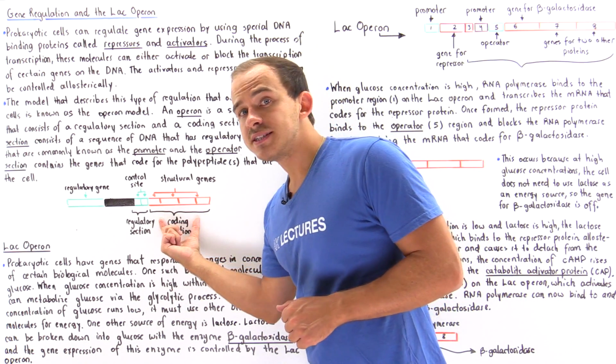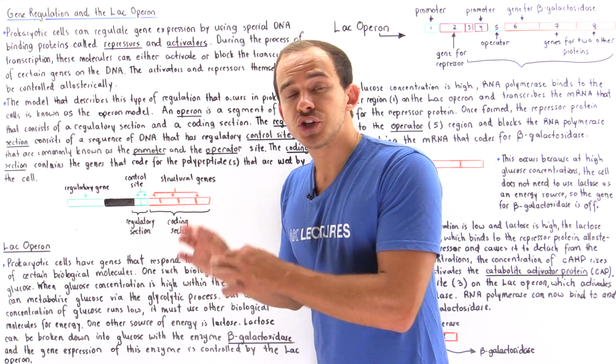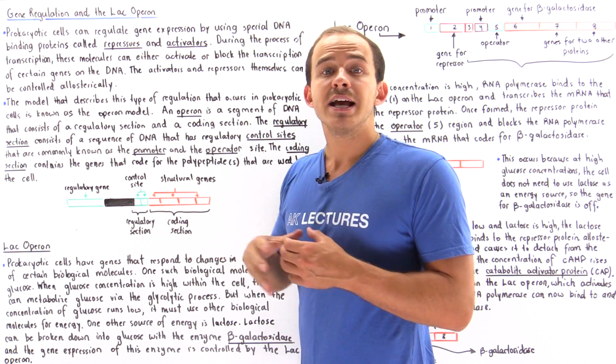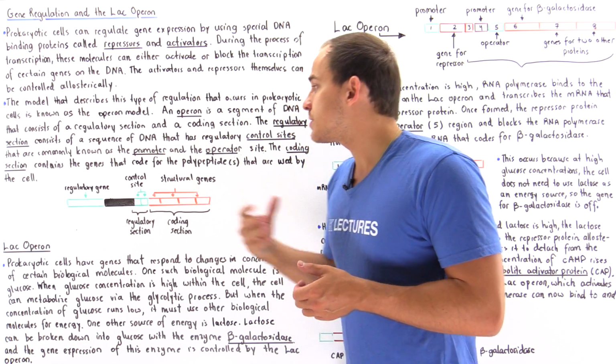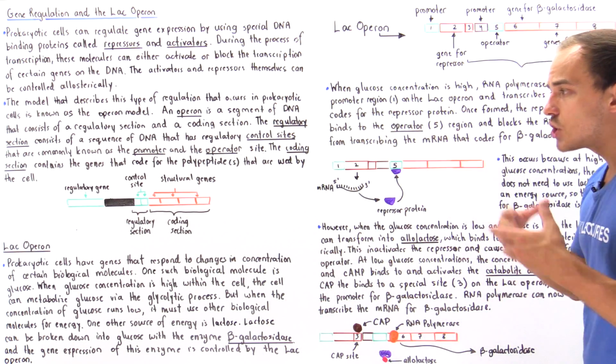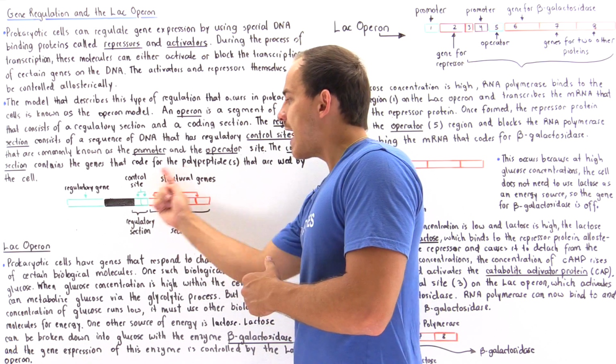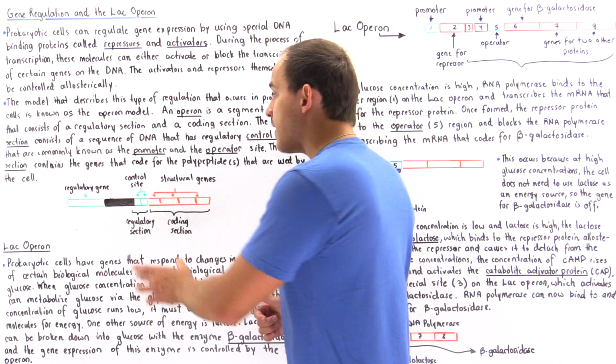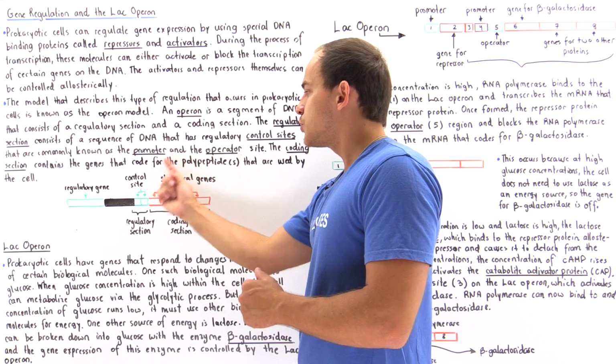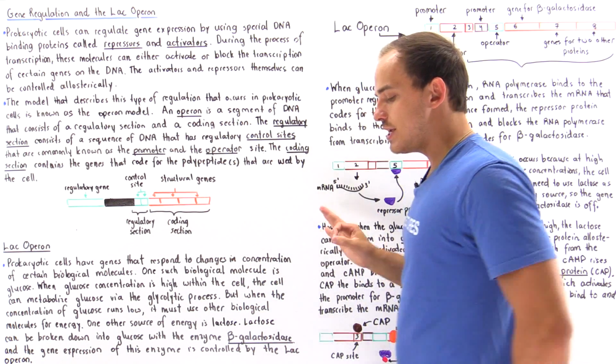And our coding section actually consists of sequences of DNA that code for certain types of polypeptides, for certain types of proteins. So this is our operon. It consists of our control sites, and it also consists of the structural genes.